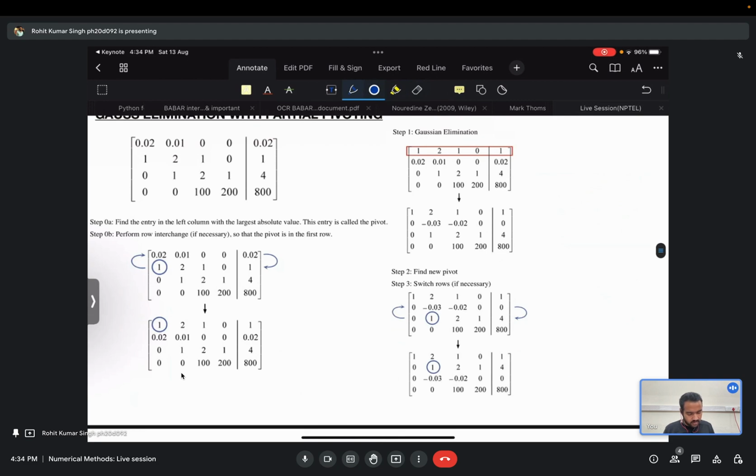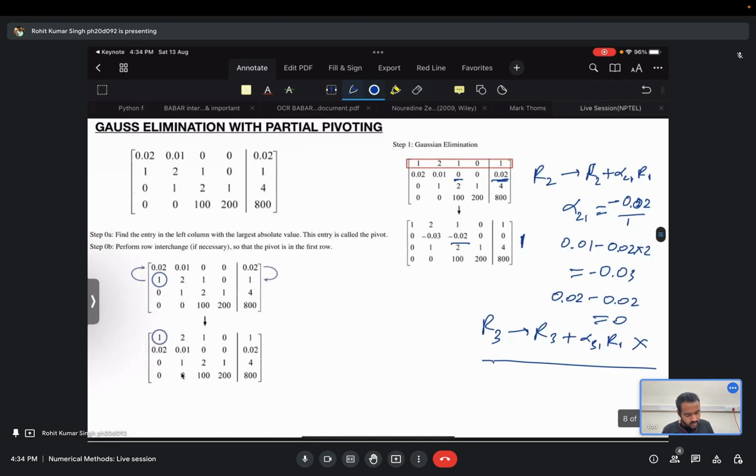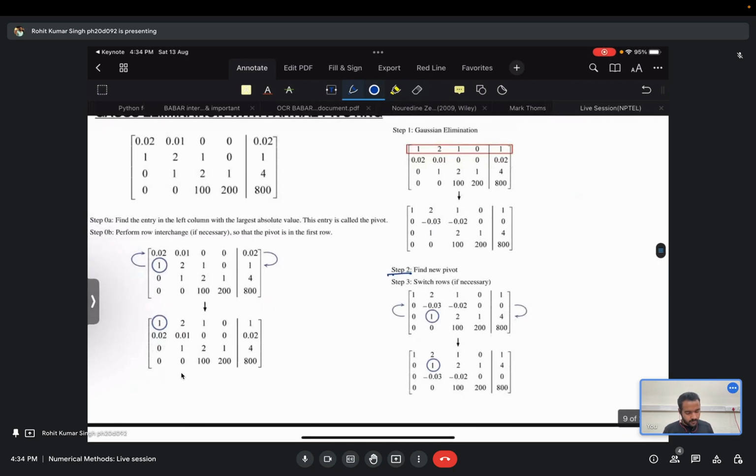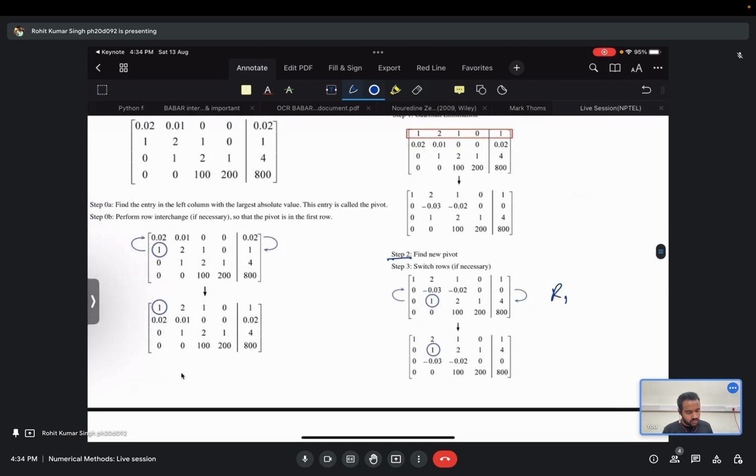in the next step, suppose step 2, you see that this row that we got here, again for column 2, row 3 has an element with a larger value than the row 2 element, right? So we need to exchange these two rows here too, and so this is another step of partial pivoting where you exchange R2 and R3, right?